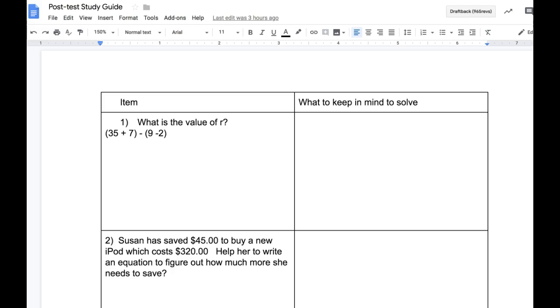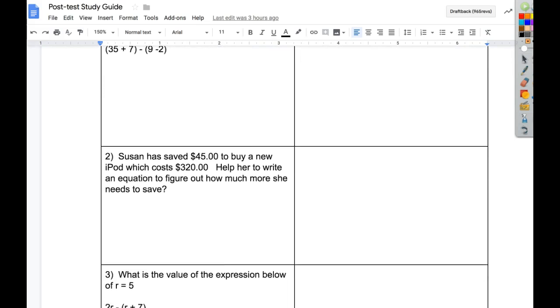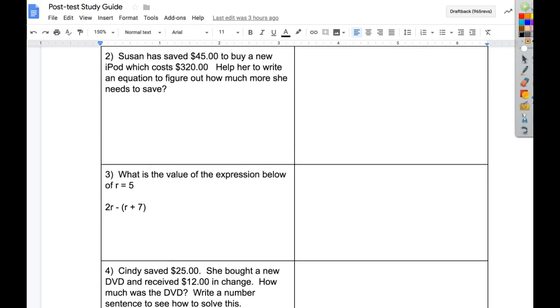And now moving on to the second one. Let's move this down a little bit so we can see everything here. And actually, I'll move it so we can see 2 and 3. So now we have Susan has saved $45 to buy a new iPod, which costs $320.